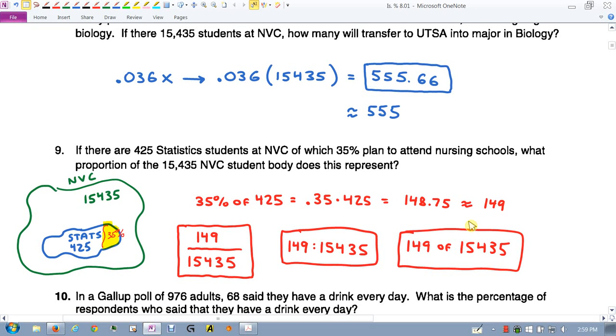So that means that of that group... no, not of the group. If you take the entire NBC body and you look at the students who are going to nursing school that are stats majors, then they comprise less than 1% of the total student body. You have a headache yet?